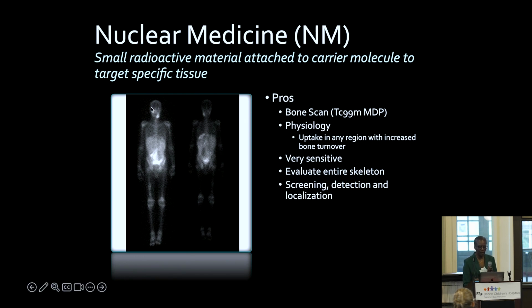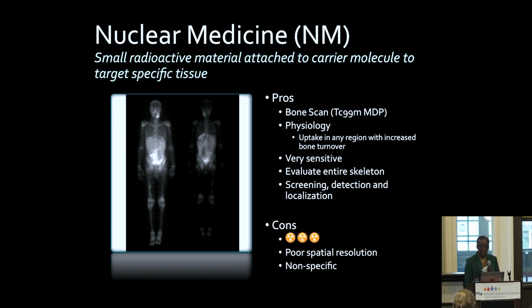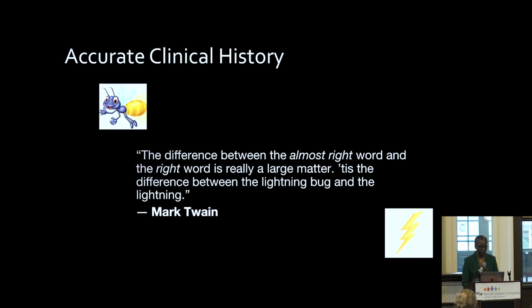Here you can see this increased uptake in the mandible and in the femur, but it's non-specific. So it's used for screening, for detection and localization, and for tumor follow-up in osteosarcoma. The disadvantage is that there is ionizing radiation, there's poor spatial resolution, and what you're seeing is non-specific. It's going to need further imaging.